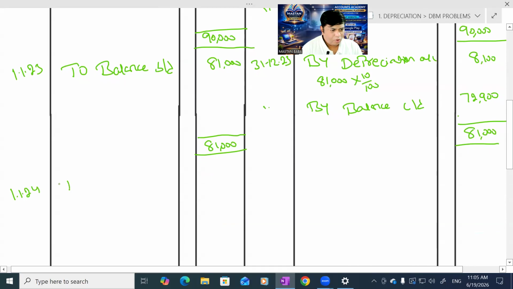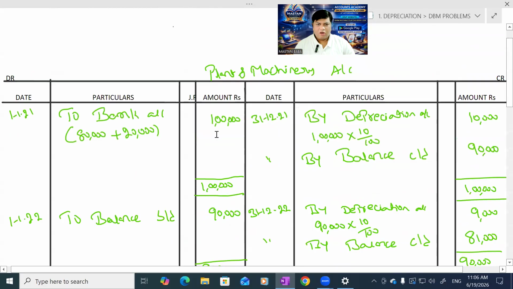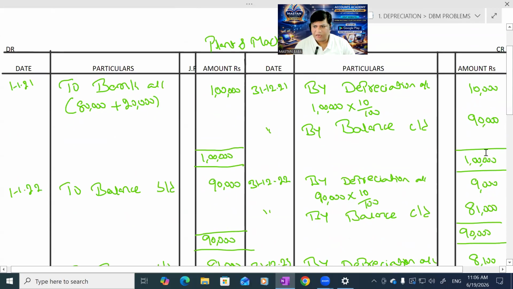1/1/2024. To balance brought down, that comes to 72,900. So dear students, just have a small analysis, a simple analysis. We have asset purchase for 1 lakh, that is 80,000 plus 20,000, 1 lakh, and depreciation is calculated here. By depreciation on 1 lakh, 10% comes to 10,000, that comes to 90,000 balance of the asset.